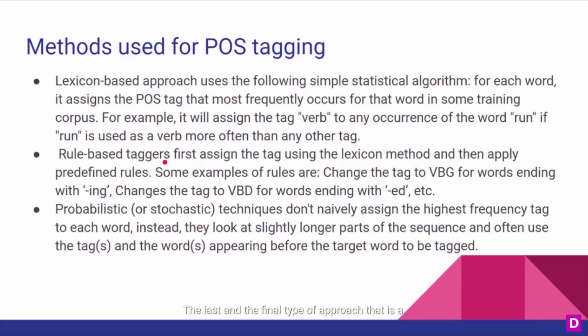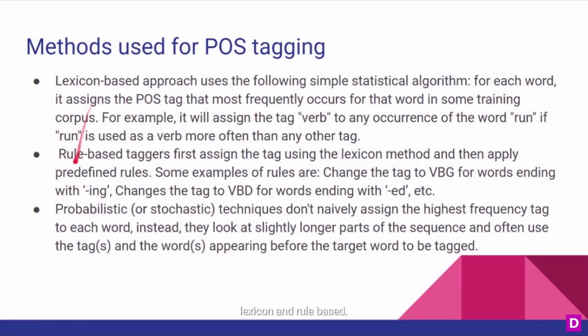Now, the last and final type of approach is the probabilistic based approach. It is a more advanced and more sophisticated type of POS tagger when compared to the rule based and lexicon based approaches, and it also has high accuracy when it comes to the task of POS tagging.